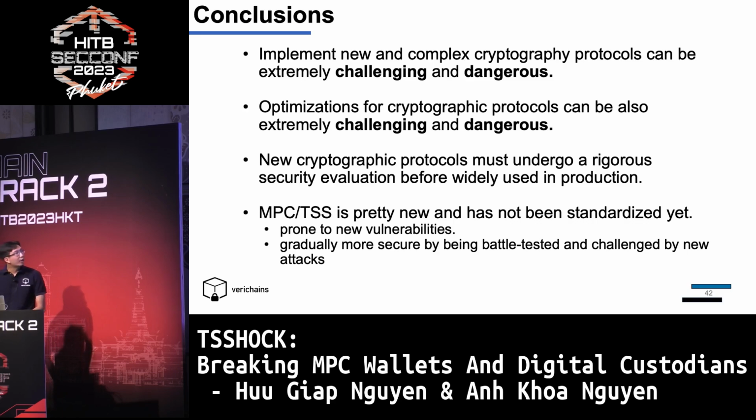And we all know that new cryptographic protocols must undergo a lot of testing, reviewing, and hacking before we can say this is good to be used in production. The same goes for MPC and TSS. But MPC and TSS, like GG18 and GG20, were proposed in 2018, and it's been 5 years now.